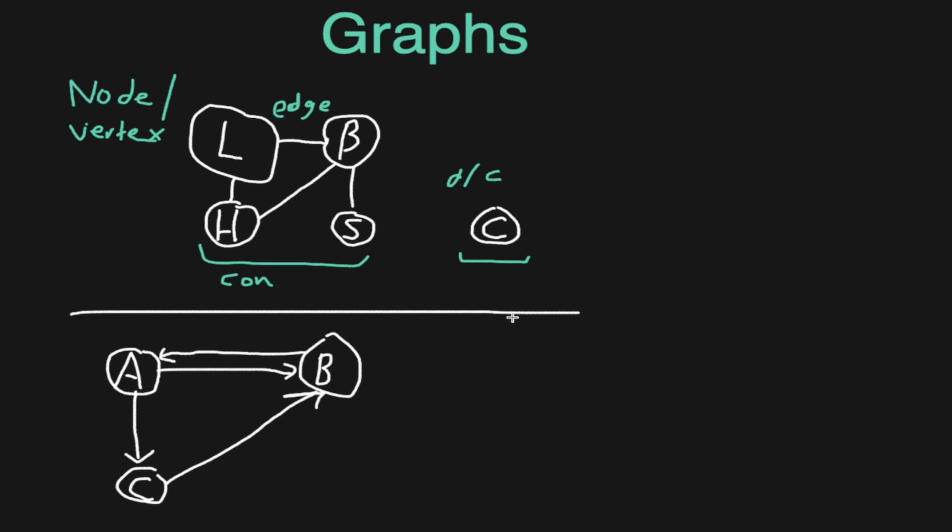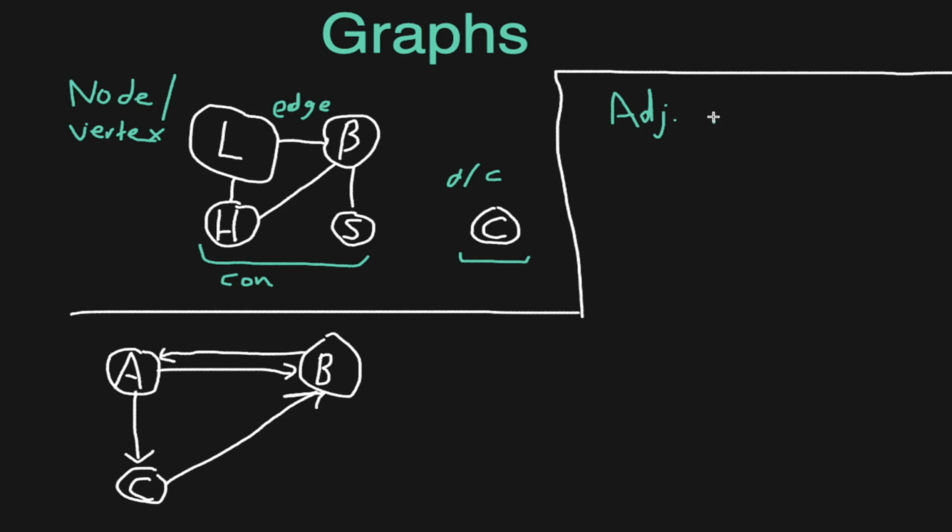We have the first way, which I'm going to do up here, and this will be known as an adjacency matrix. So I'm just going to put ADJ for adjacency, and then M for matrix.